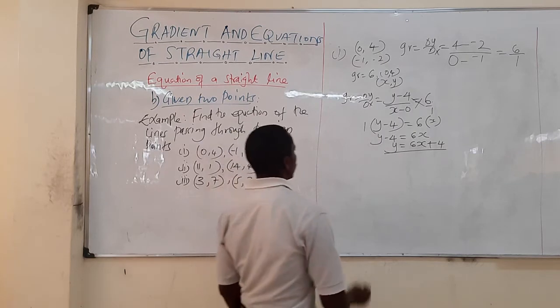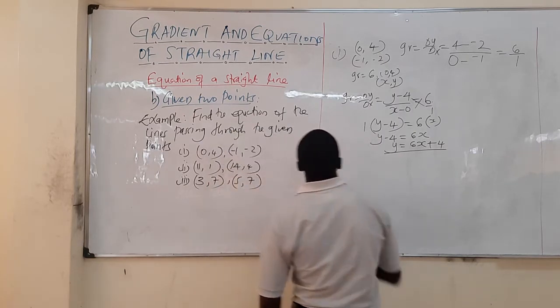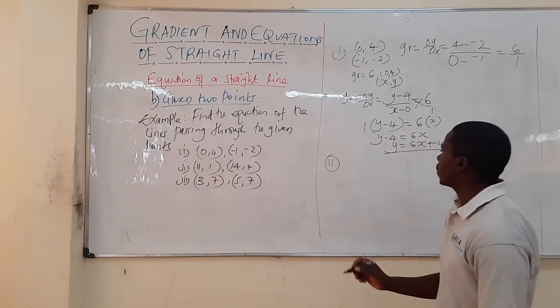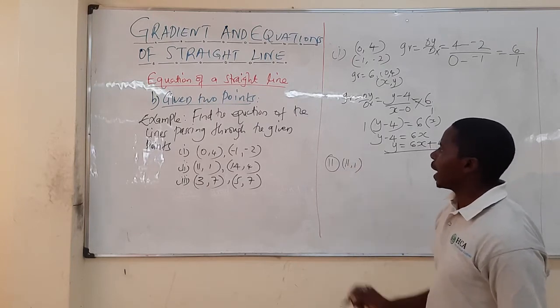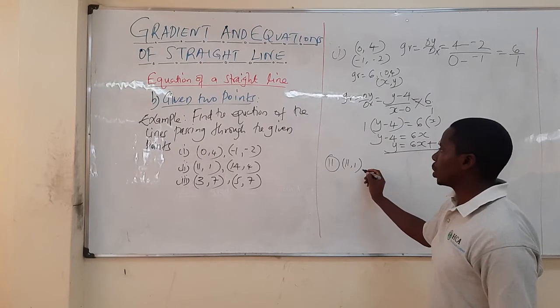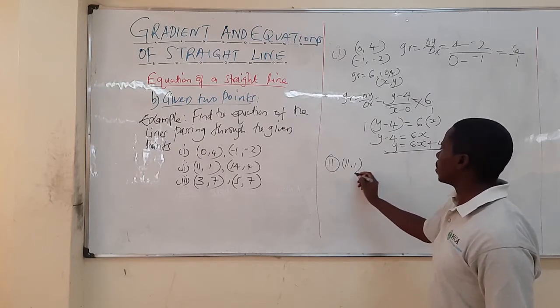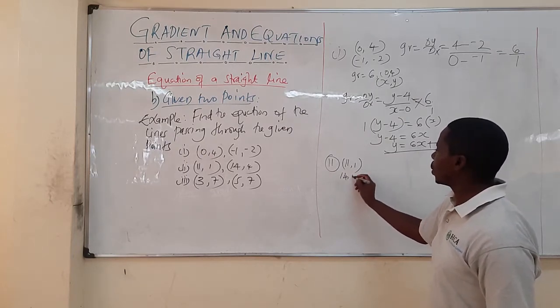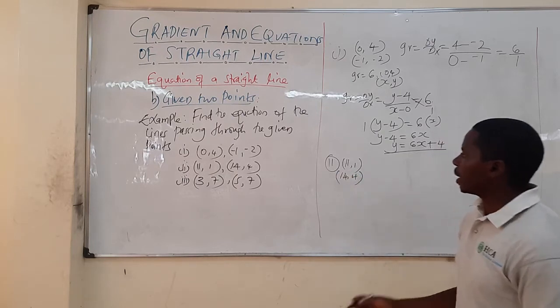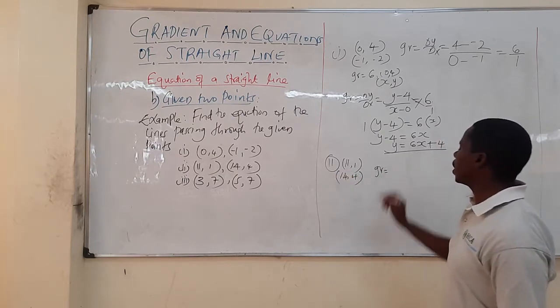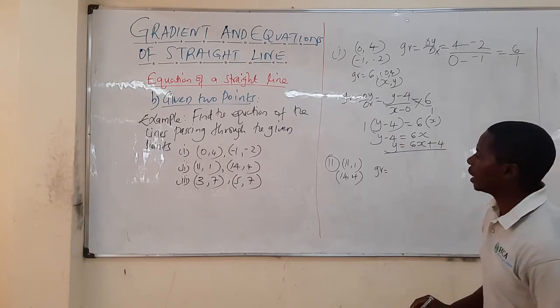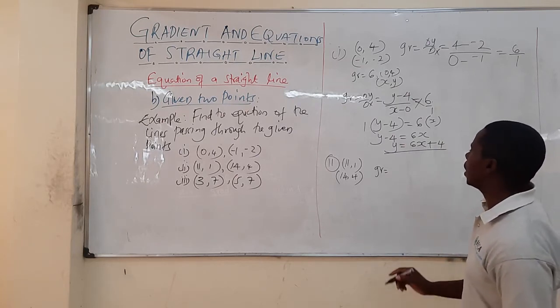Let's look at part 2 of the example. We have 2 points, one is 11, 1, and another point which is 14, 4. So just as we have done in the first case, we need first to get the gradient of the line before we go and do the equation of the line.